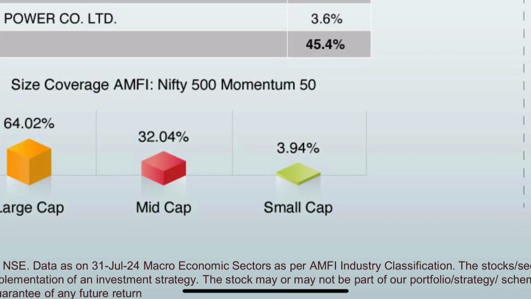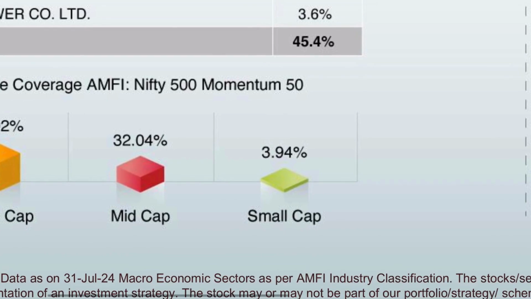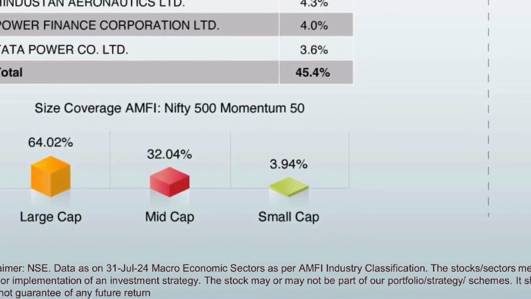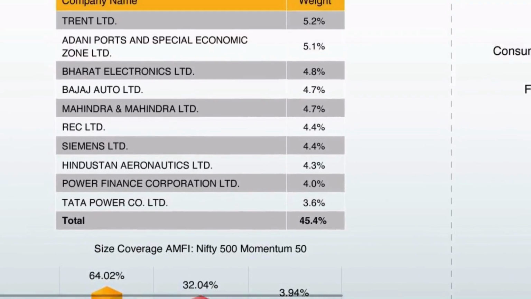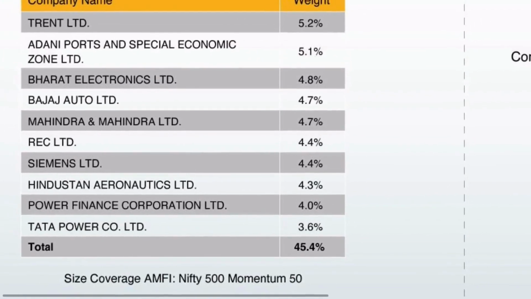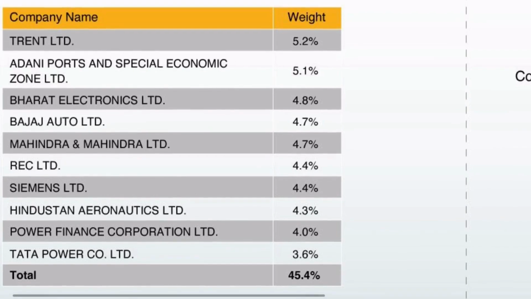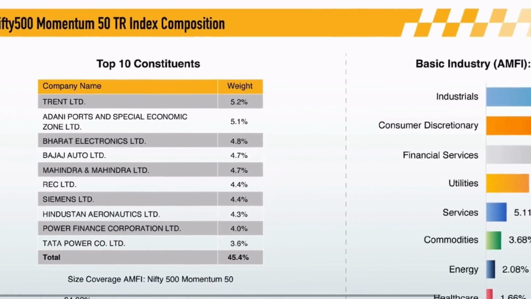So large cap exposure in this index is 64.02%, while mid cap is 32.04%. Small cap exposure in this index is 3.94%. And top 10 stocks total value is 45.4%, and the remaining 40 stocks will have 55% allocation in this fund.